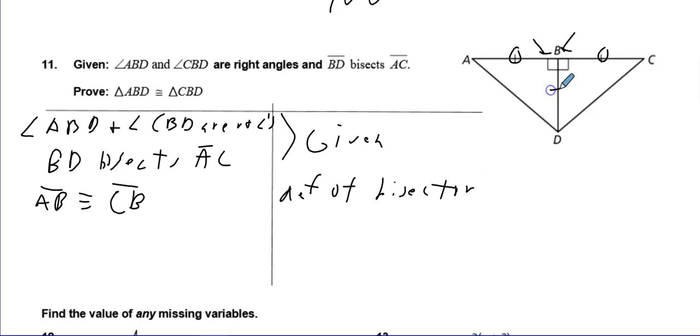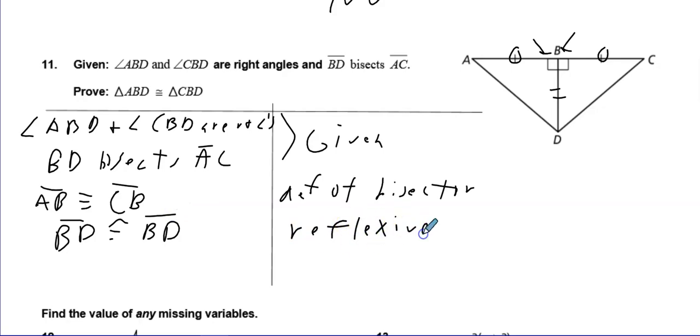We also know always these lines are congruent to themselves because they're the same line. That's a reflexive property. And look what we have. We have a side, we have an angle, and a side. Side, angle, side.